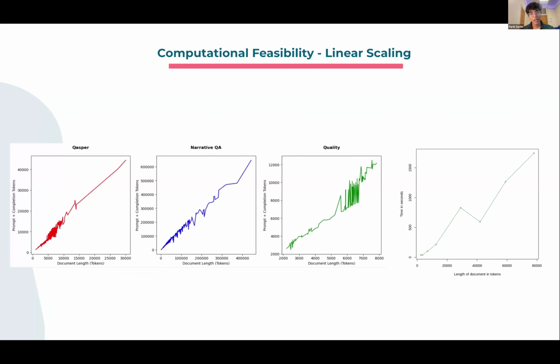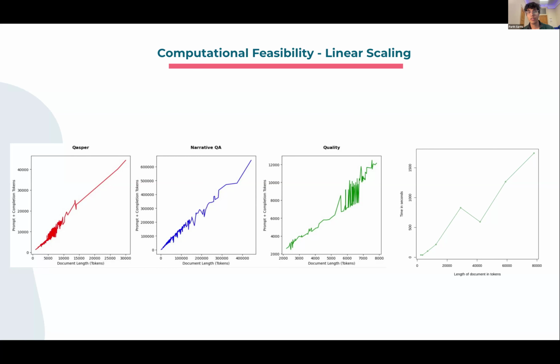Let's look at how RAPTOR scales. Computational feasibility is important, and it's great that RAPTOR scales linearly in build time, so it doesn't have some quadratic factor, and also in the number of tokens that you spend, because you are summarizing your retrieval corpus and want to ensure you don't make too many queries. So it scales linearly in the size of your retrieval corpus.